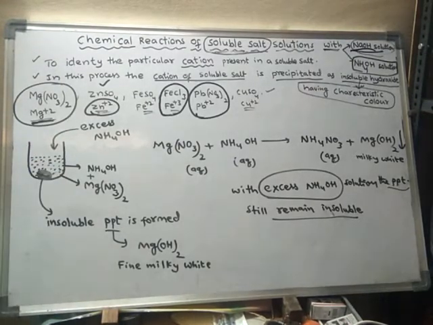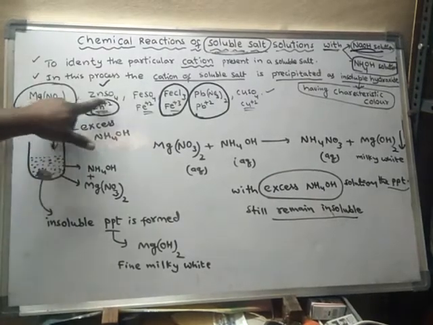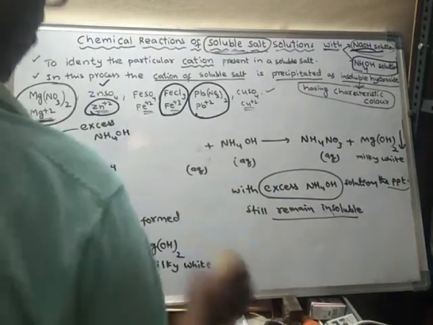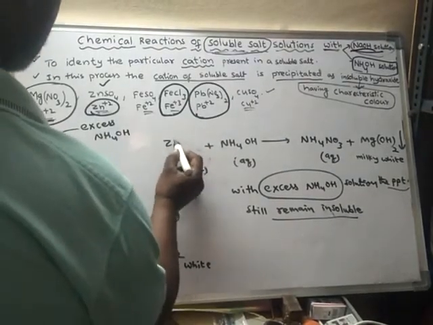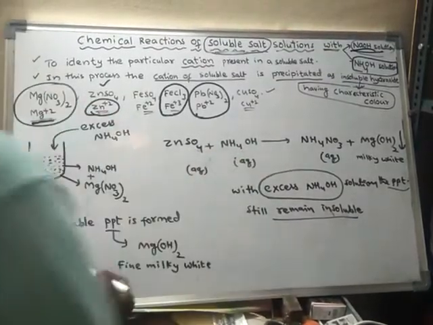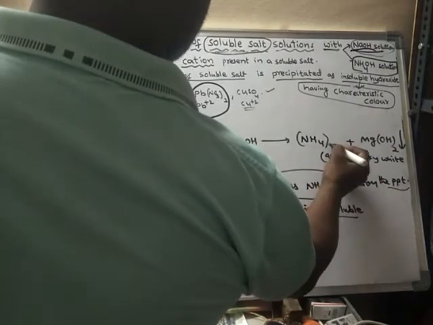Now we will do the same thing with the help of zinc sulfate, ZnSO4, with ammonium hydroxide. So it forms what? Ammonium sulfate is formed now.